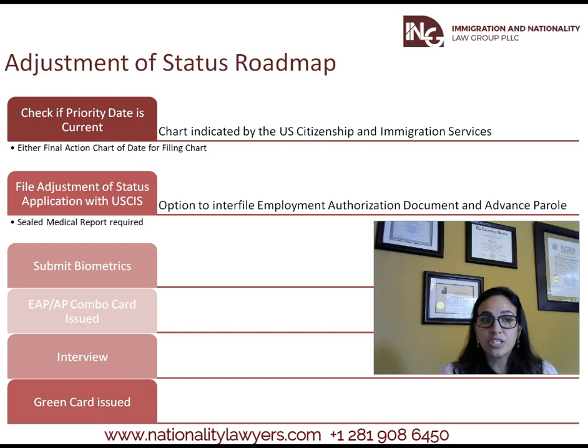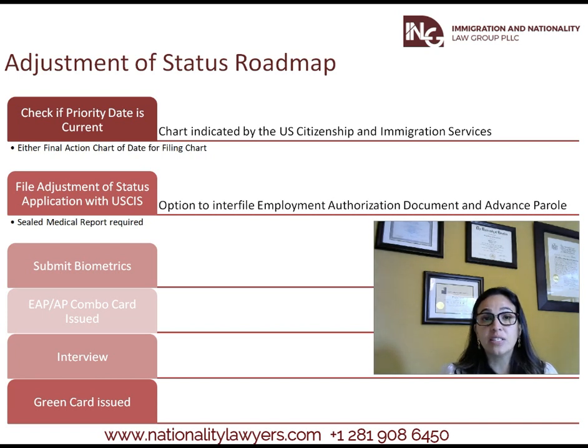So for the adjustment of status, the first thing your legal advisor and you have to pay attention to is the visa bulletin. Double check around the 15th of each month, usually. That's when the visa bulletin is released by the US Department of State.